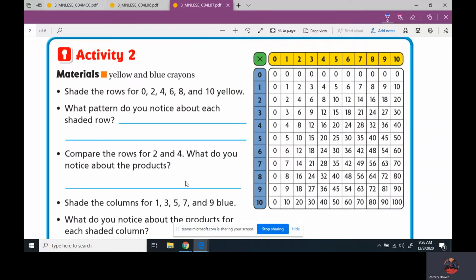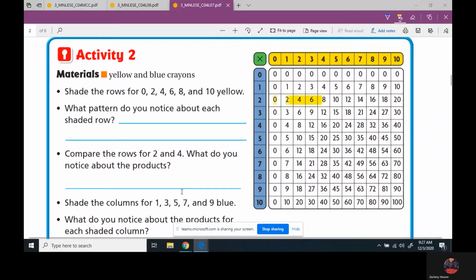This one, it says we're going to use crayons. Well, we don't have crayons, so I'm going to circle. I might see if I can highlight. It says shade the rows 0, 2, 4, 6, 8, and 10. So we're shading our rows.